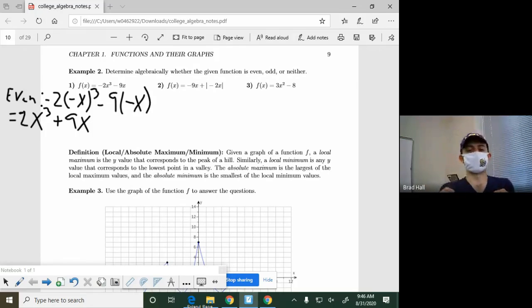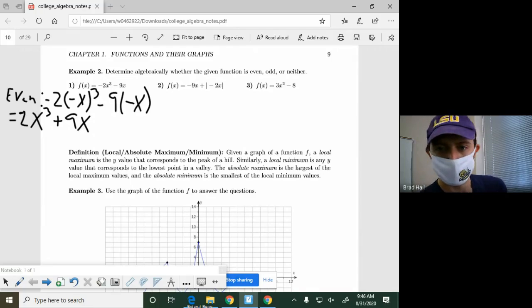All right, so we replaced every x with a negative x. We simplified. The final step is, is that simplified form equal to the original function in the problem? So the -2x to the third minus 9x that we started off with in the very beginning. Are those the same thing? No, because one's got negatives. This one has a bunch of positives.